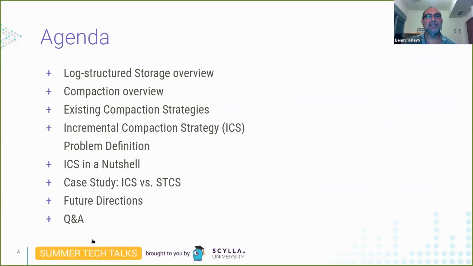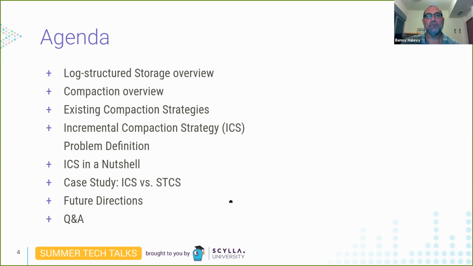And on to today's agenda. We will start with an overview of log structured storage that is used by Scylla. And we'll describe the fundamentals of compaction and also the existing compaction strategies in Scylla. Then we will present our innovative compaction strategy, incremental compaction strategy, by describing the problem it's about to solve.